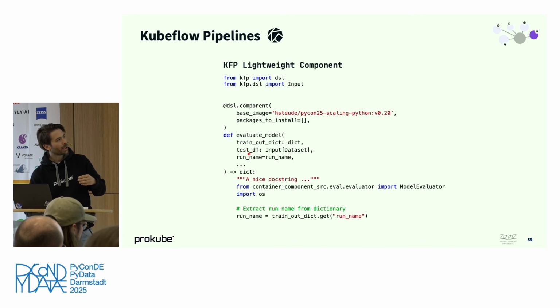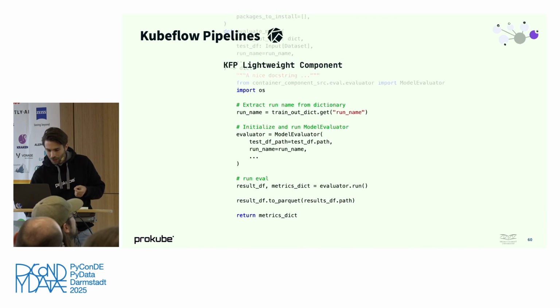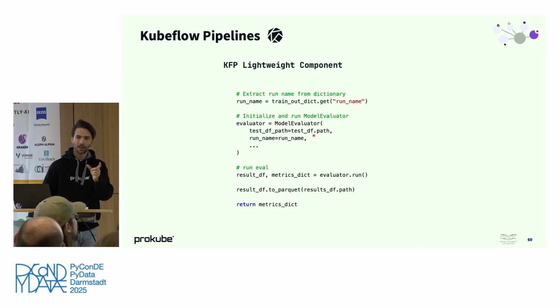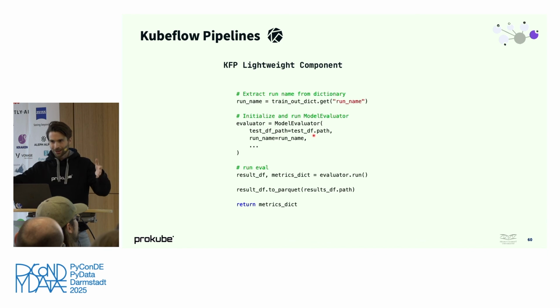So the function has an input called testdf, which is of type Input Dataset, and that's Kubeflow pipelines specific. And later in this code, I do something with this object, and I use the .path attribute, which actually holds the string to the location in the container where the file lives that I want to read. It was injected by Kubeflow pipelines.